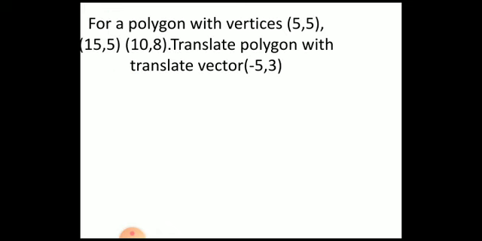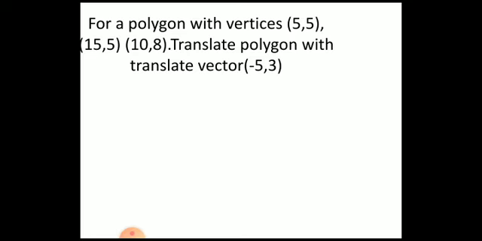So we can take this as an example here. For a polygon with the vertices 5, 5, 15, 5, and 10, 8, translate the polygon with the translation vector minus 5, 3. Students, I want you to try this at your home and get back to me with the result. It's very simple. Every point of the polygon is given.